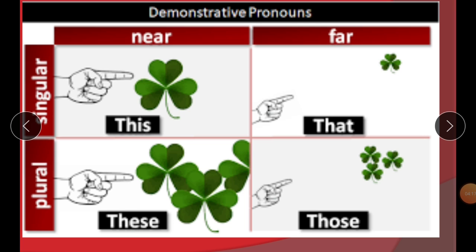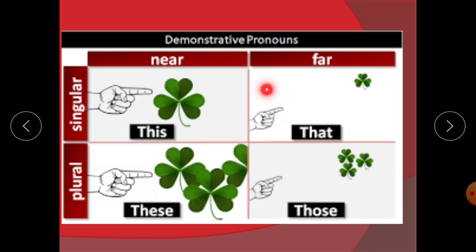This and that are used with singular nouns. For example, this car is mine, that house is newly built. And these and those are normally used with nouns in the plural. For example, these mangoes are ripe, those pens are new.